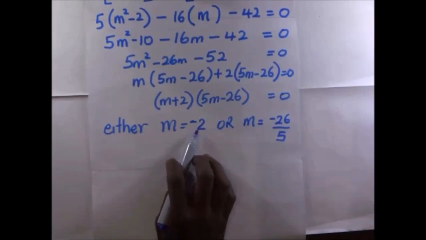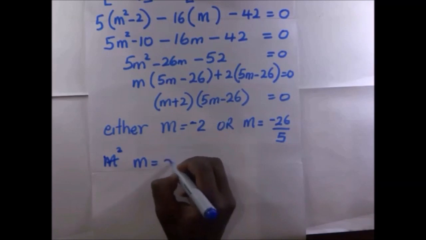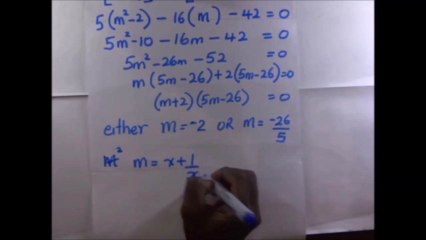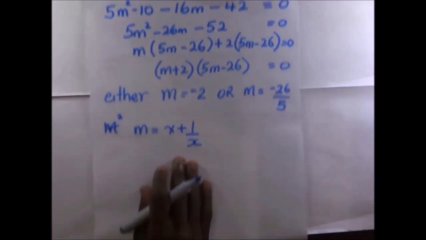So after getting our values of m, remember that at first m is equal to x plus 1 over x. So now we begin. When m is negative 2, what is x?